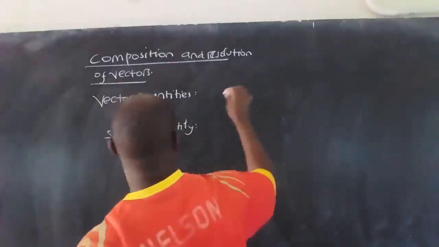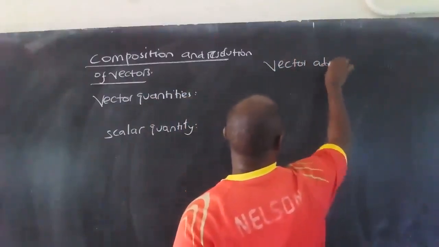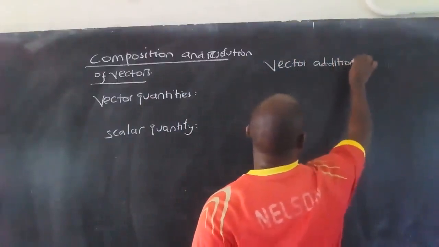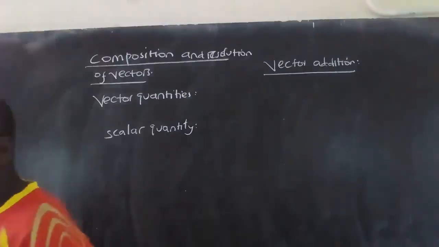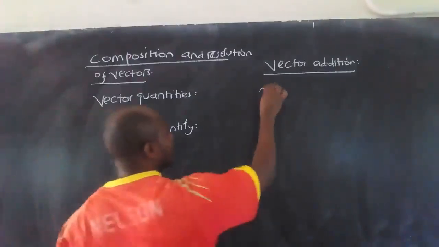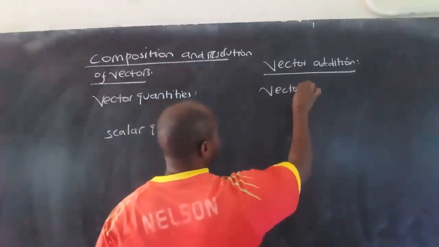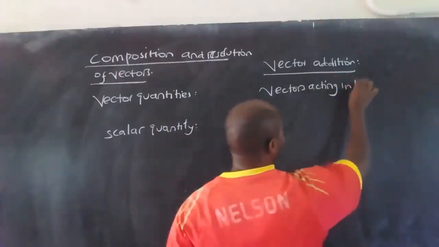Next, we go to vector addition. Then we say vectors acting in the same line.